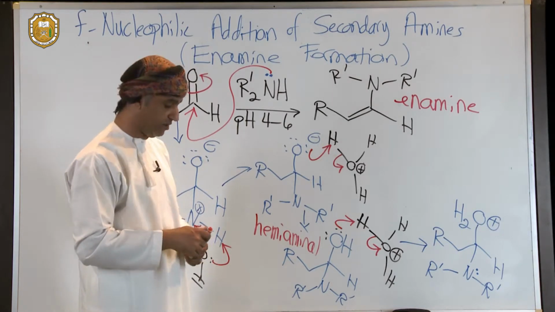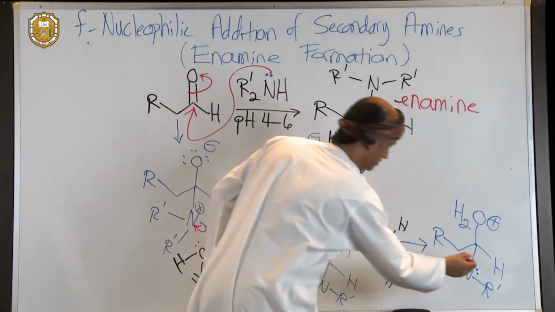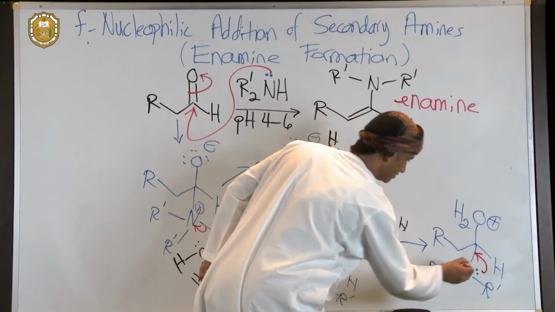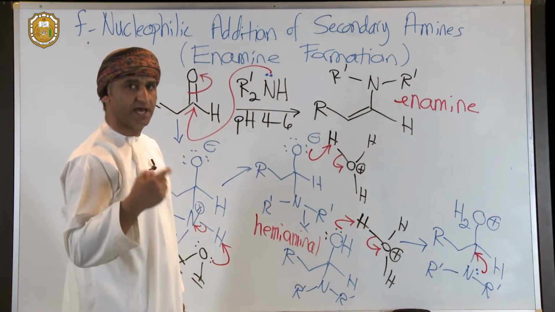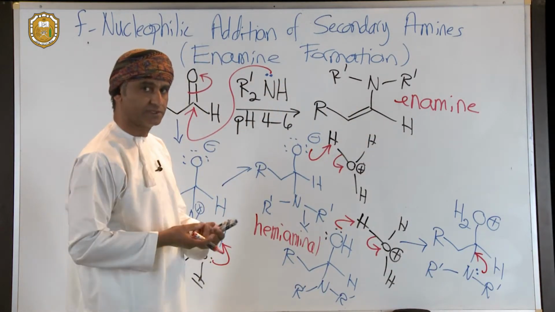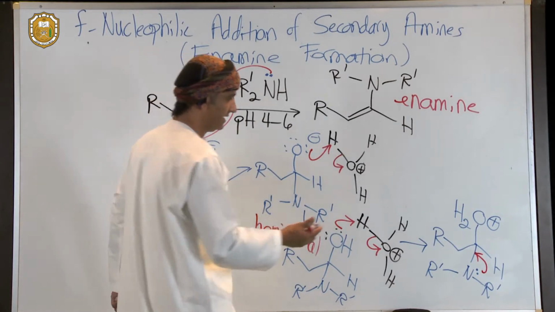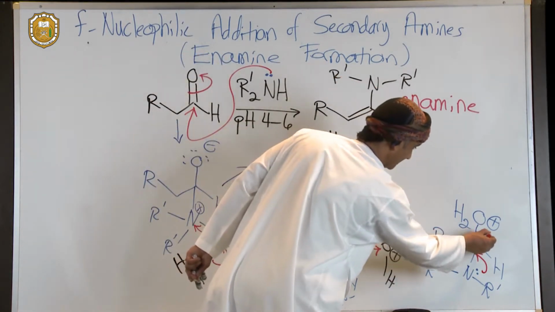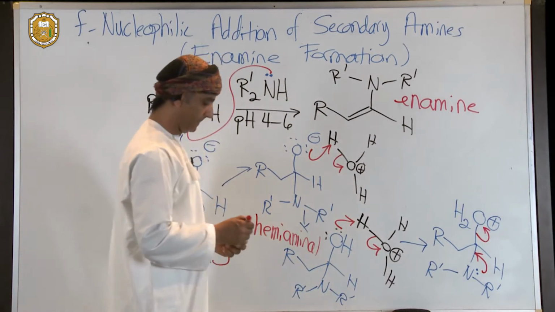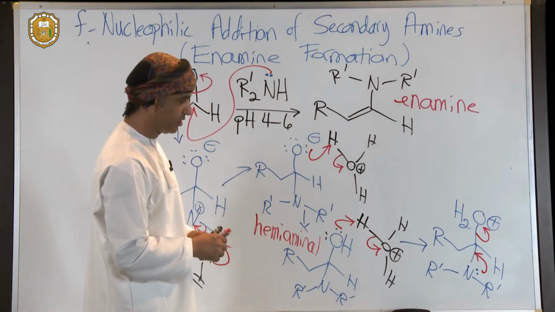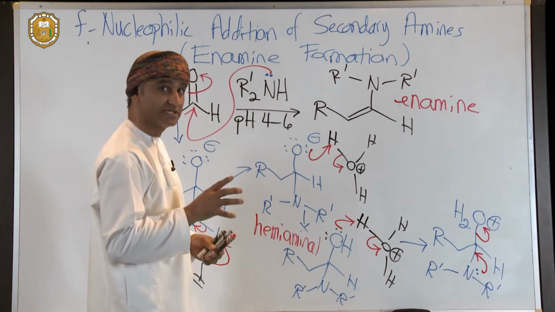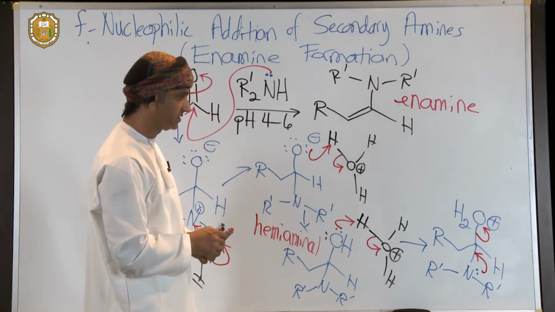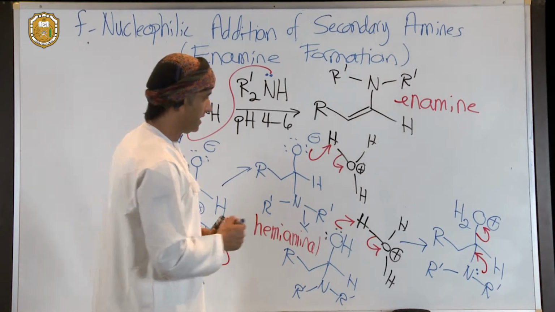We can use that lone pair on nitrogen to make a double bond between nitrogen and carbon, and simultaneously water is removed or eliminated. In other words, the carbon-oxygen bond is now broken, releasing electrons on the positively charged oxygen.